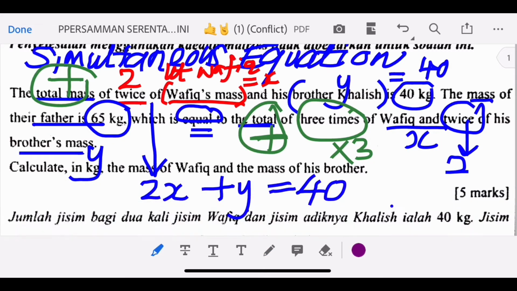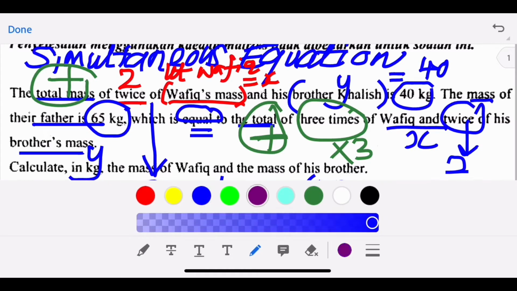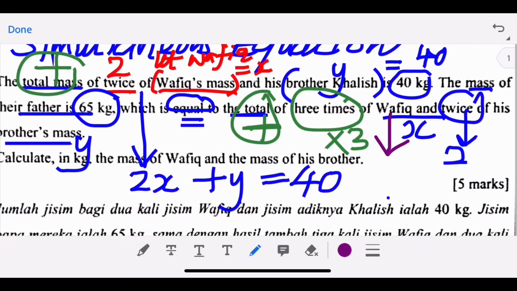For the second sentence, we are going to write another equation, which is 3x plus 2y equal to 65, right? So now let's write down the equation for the second sentence.